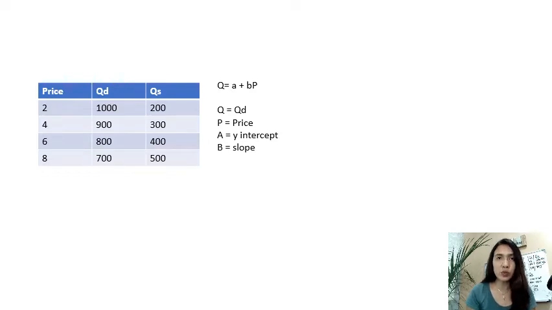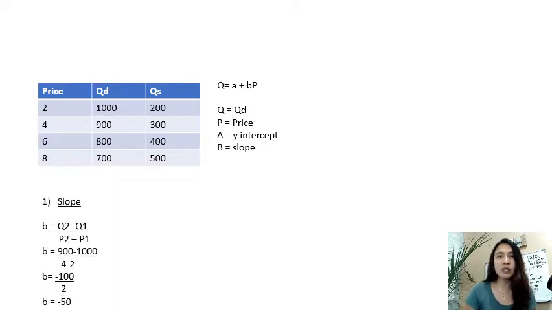So the first thing that we're going to do is to find the slope, which is represented by letter B. The slope is the difference between the new quantity demanded and the old quantity demanded, all over the difference between the new price and the old price. As I have mentioned in our discussion in class, price changes quantity demanded.